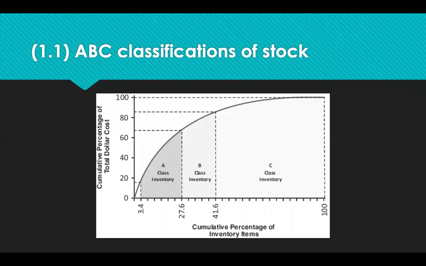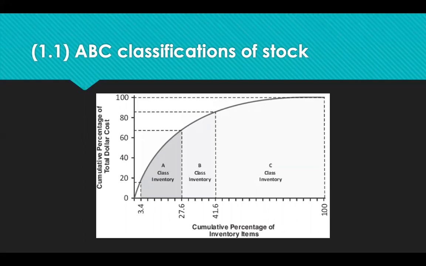This links to a theory known as Pareto, the 80-20 theory, where 80% of your spend is with 20% of your suppliers, or 80% of your turnover will probably come from 20% of your product range. And you can also link this to Kraljic, because your 80% will be your strategic suppliers.